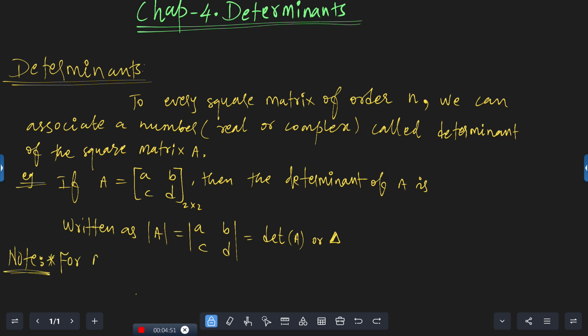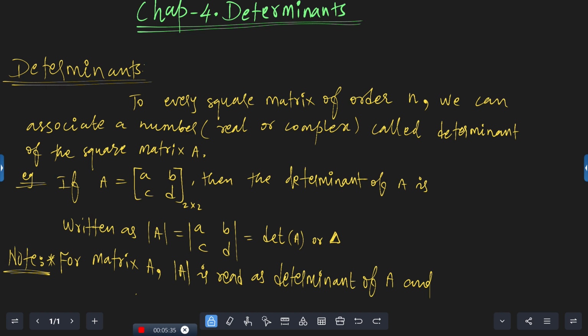First point: for matrix A, this determinant of A, with the two slashes and A in between, how do you have to read it? Read it as determinant of A, not modulus of A. Don't forget, if you say modulus of A, that is a mistake, children.